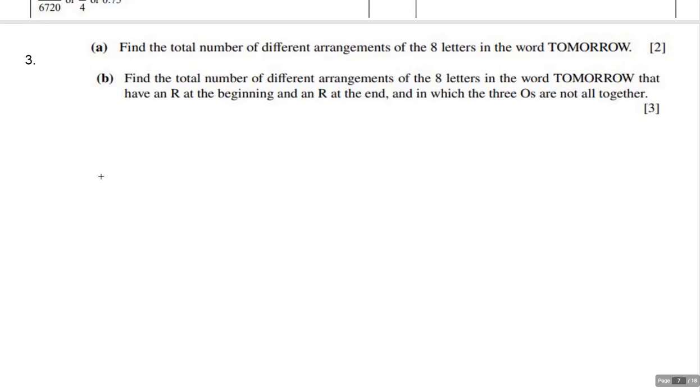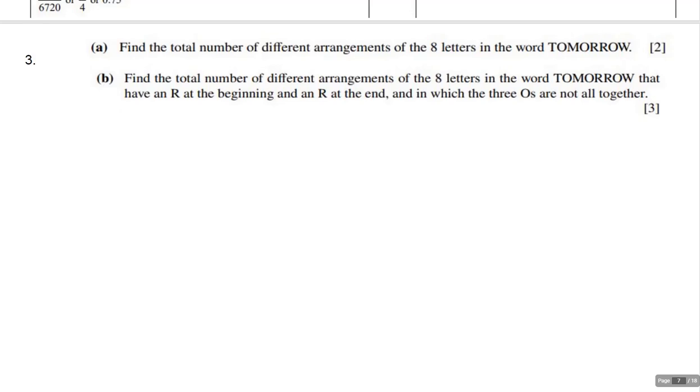Now, this is different, right? This is tomorrow. Try doing tomorrow. $3,360.